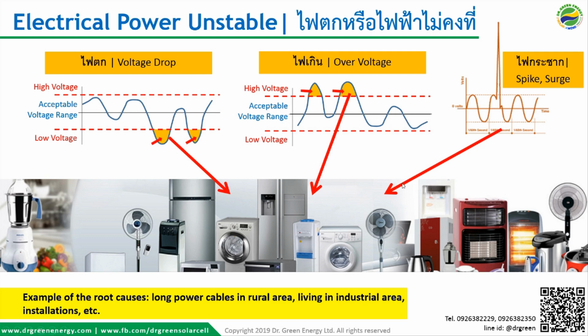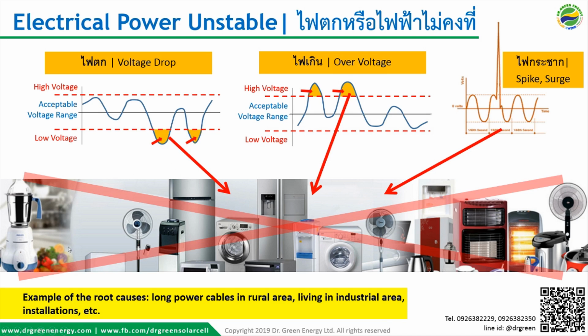So if you face these kinds of scenarios, this kind of problem that we have discussed, you have to look for a solution to make the power stable. That's why we will introduce the stabilizer in this discussion. Okay.